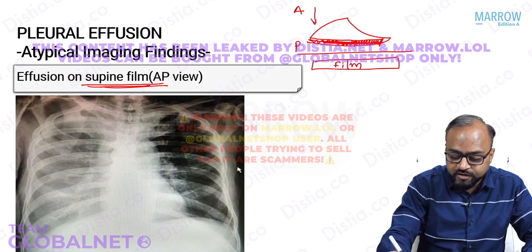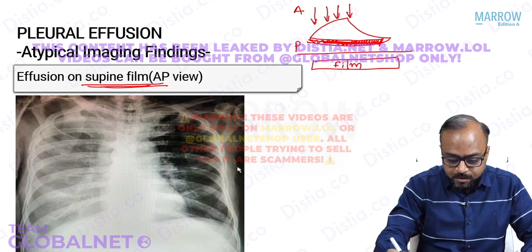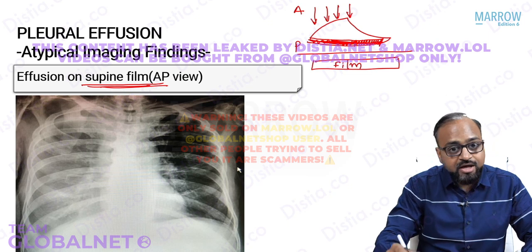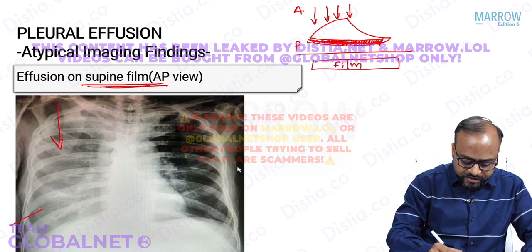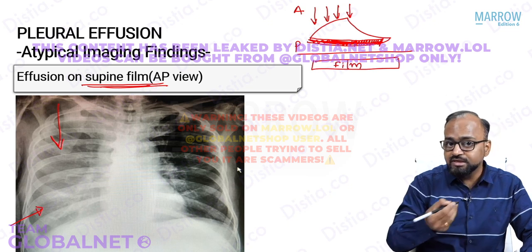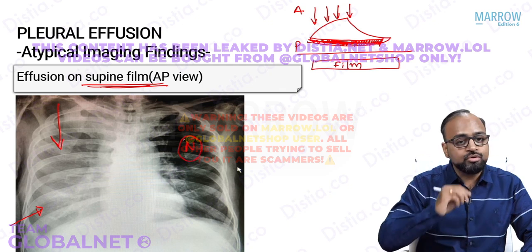So each and every X-ray beam which is passing through this particular part of the thorax will pass through this thick fluid layer, and therefore, do you see on this radiograph, the density of the entire right hemithorax is increased, whereas the left-sided hemithorax looks normal.